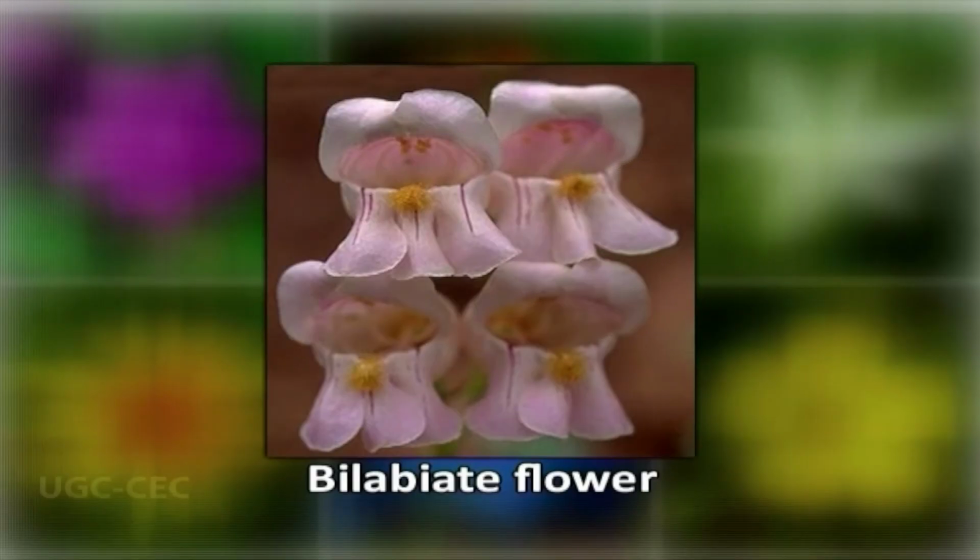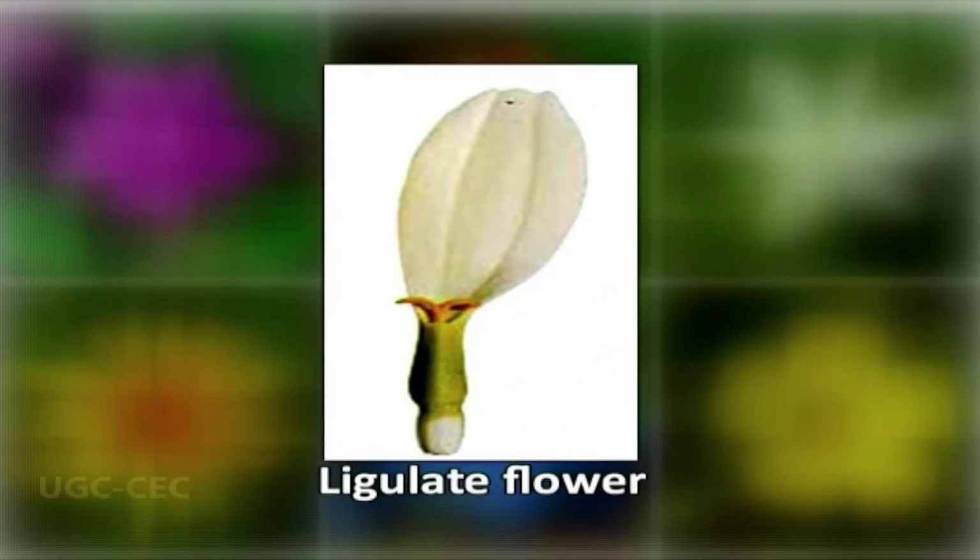Similarly, flowers with zygomorphic corolla can also be of the following types: bilabiate with 2 lipped structures, usually due to a landing platform, commonly found in labiates, or may be ligulate, that is petals connate at the margins to form a strap shaped corolla, as in the members of family Asteraceae.